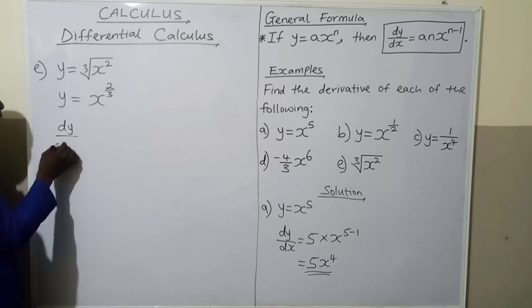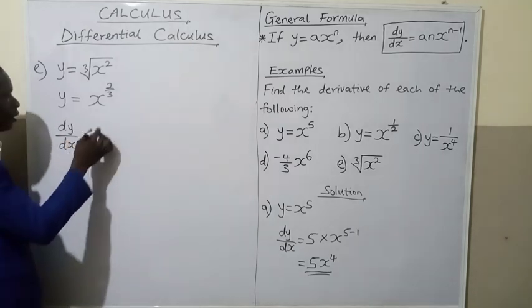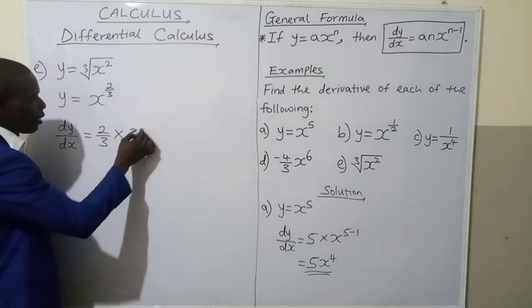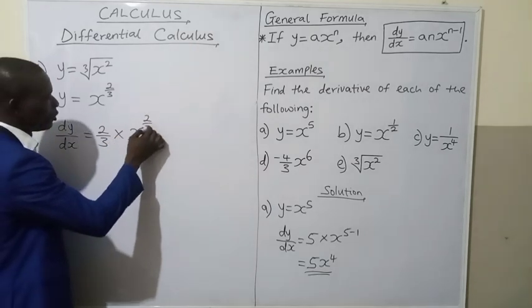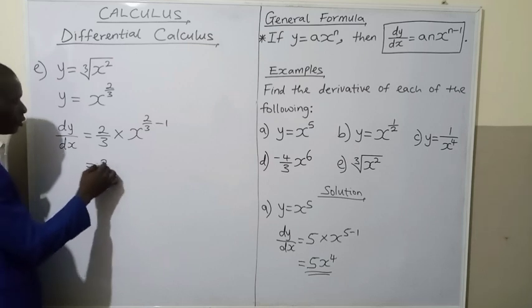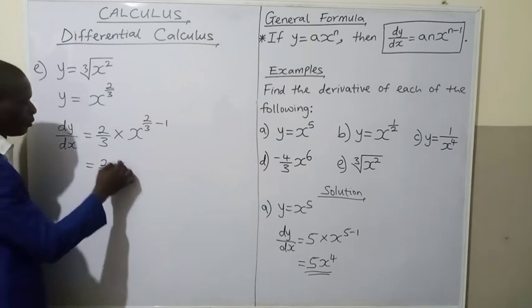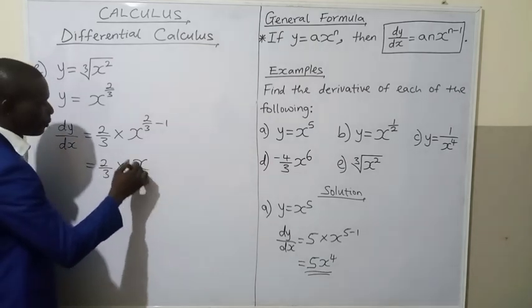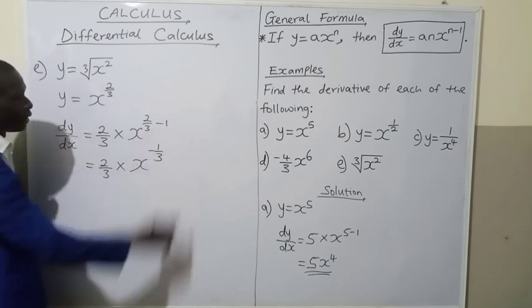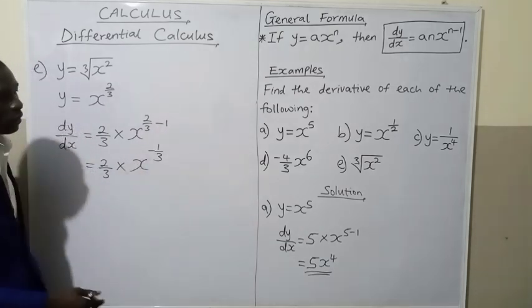The dy by dx becomes 2 over 3 coming behind, so multiply x raised to power 2 over 3 minus 1. And so that becomes 2 over 3 multiplying x raised to power negative 1 over 3. When you do 2 over 3 minus 1, it's going to give you negative 1 over 3.